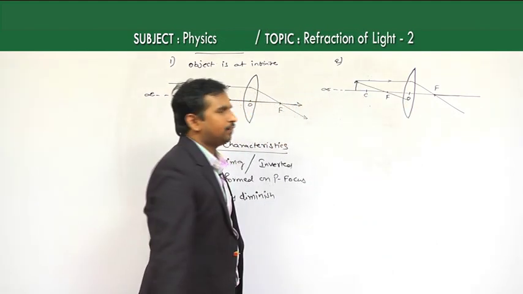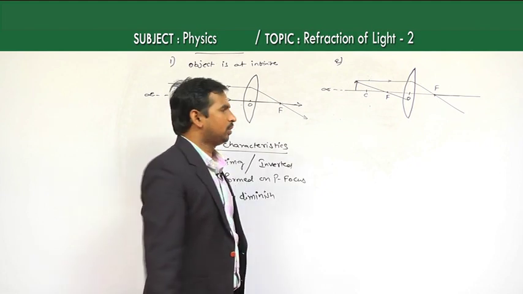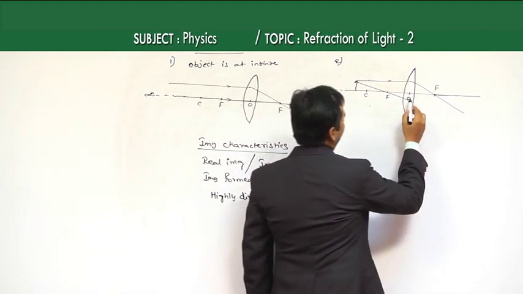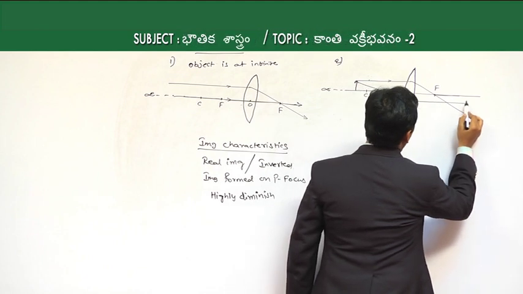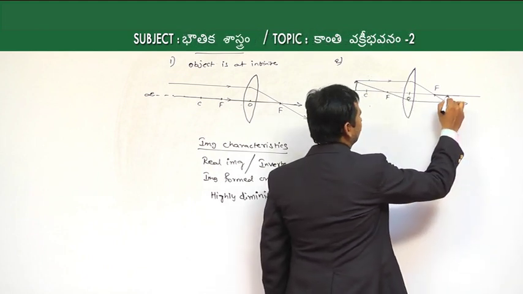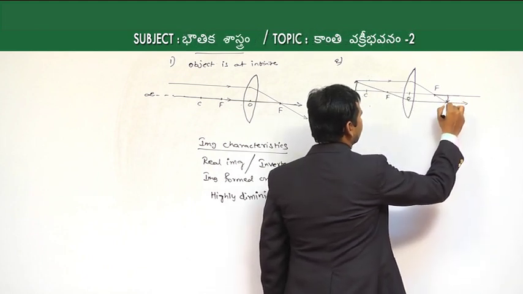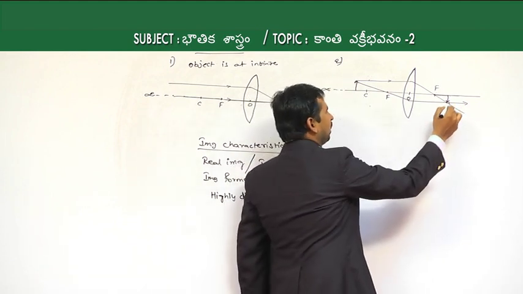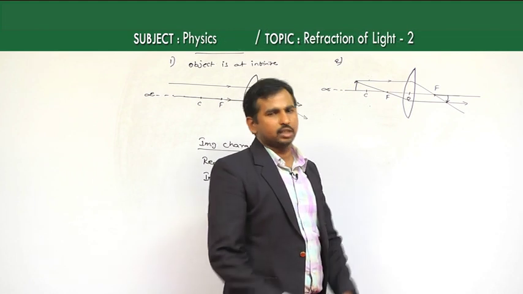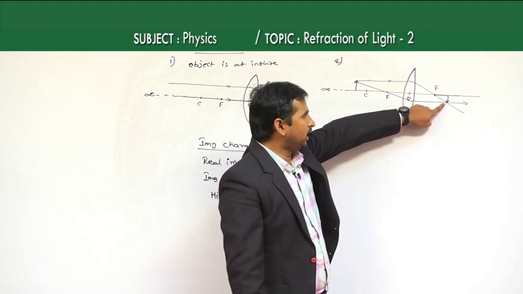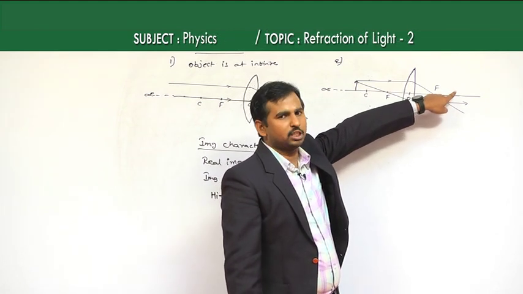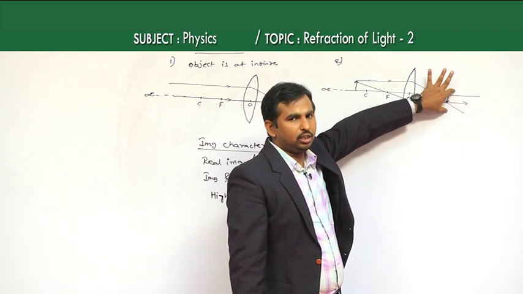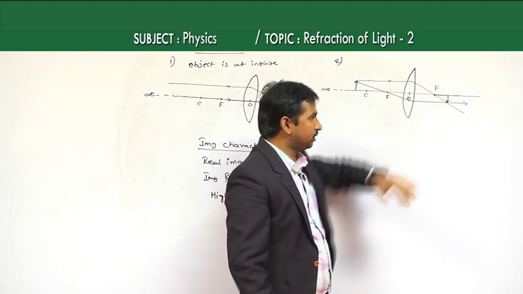Then we know that after refraction, the light ray is passing parallel to the principal axis following rule 2, like this. Now, here we got the image. Okay. Because this is our meeting point, and we have to take the image size starting from the meeting point, take a perpendicular line to the principal axis. That gives you the size of the image here.